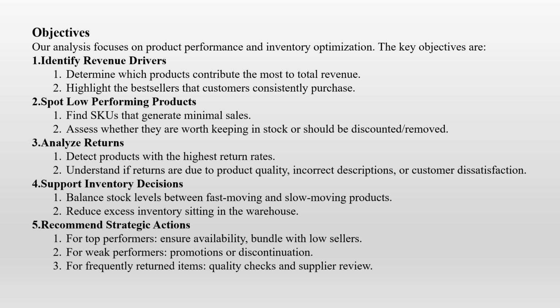And our fifth objective is to recommend strategic actions. That means for top performers, we should ensure availability and bundle with low sellers, for weak performers, we should do promotion or discontinuation, and for frequently returned items, we do quality checks and supplier review.